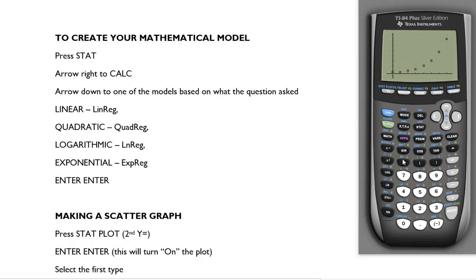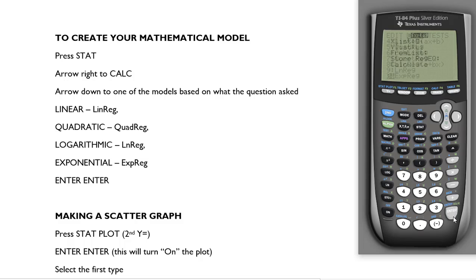So we're going to do second quit to exit out of our scatter plot, and then we're going to click on stat, arrow to the right to calc, and we were saying we thought this looked like exponential data. So we are going to click on exp regression. That stands for exponential regression.